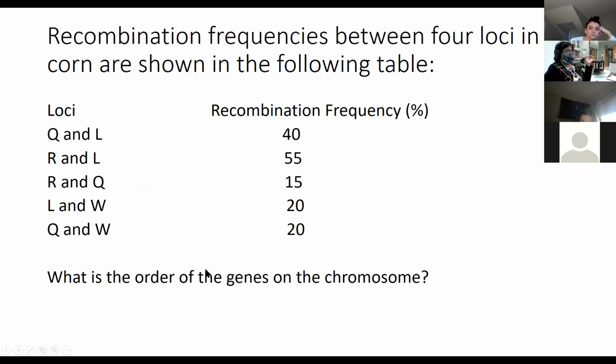Okay. So this next question: recombination frequencies between 4 loci in corn are shown in the following table. So we have these different loci and the recombination frequencies.